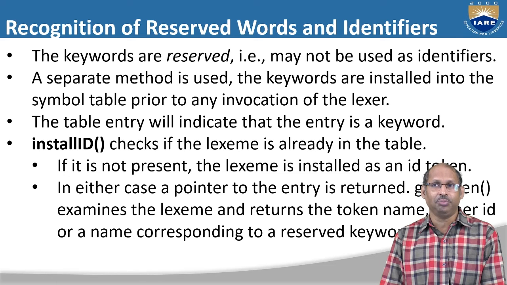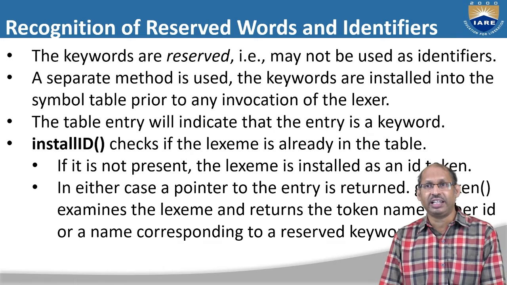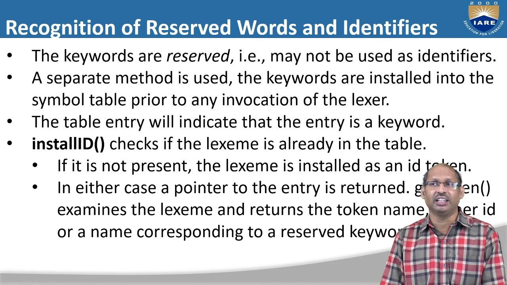The lexeme is installed as an ID token. In either case, a pointer to the entry is returned. The get token examines the lexeme and returns the token name, either ID or the name corresponding to the keyword.